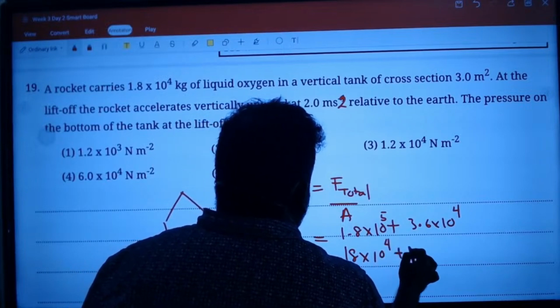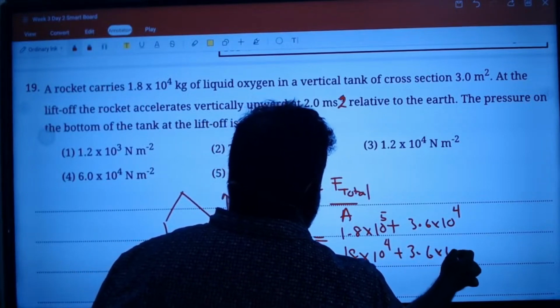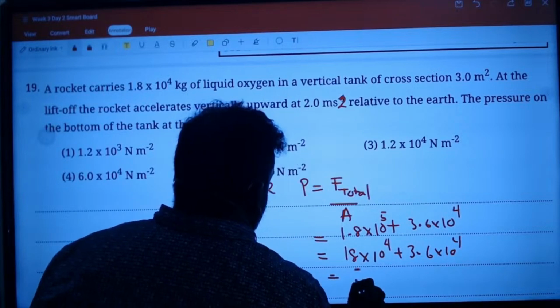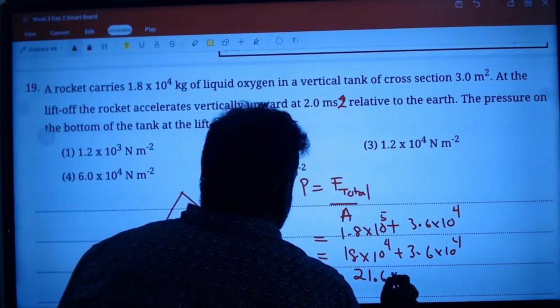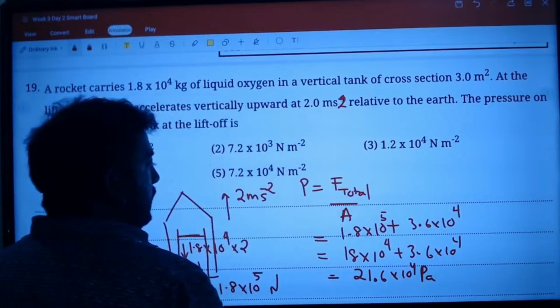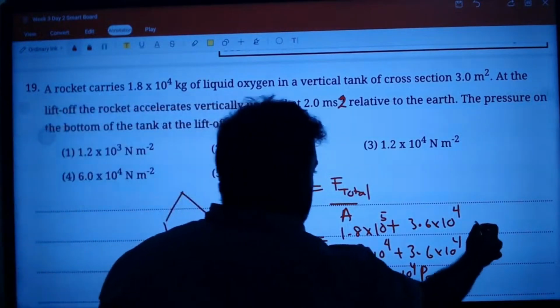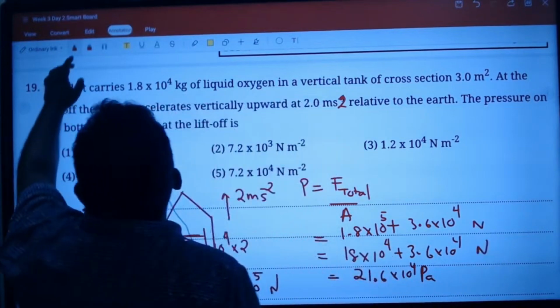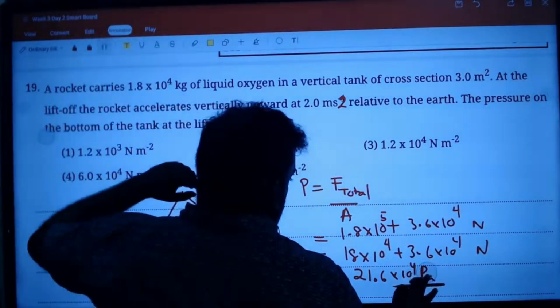Eighteen times 10 to the power 4, 3.6 times 10 to the power 4, 21.6 times 10 to the power 4 Pascal. Sorry, force. Right, luckily we looked at it, it's force.